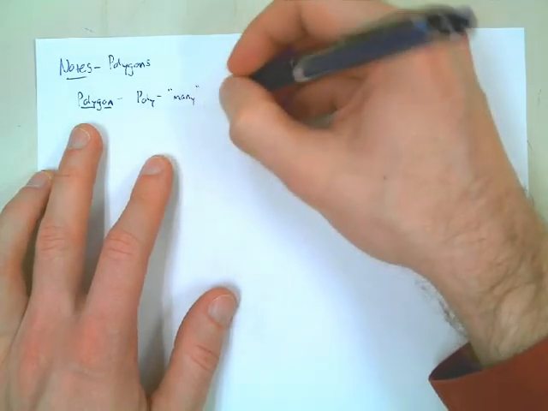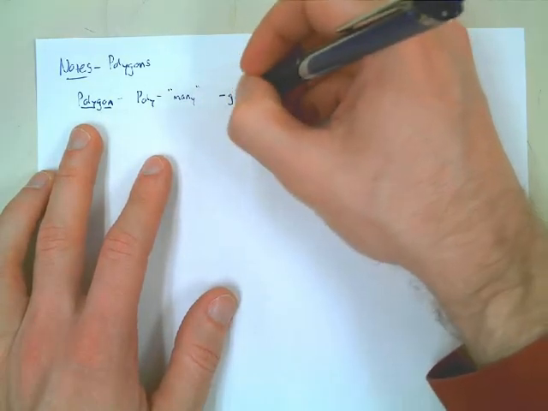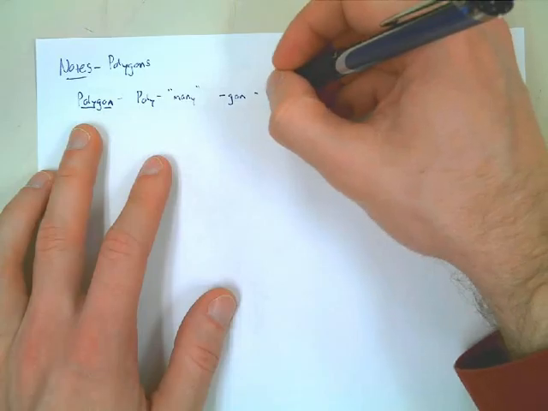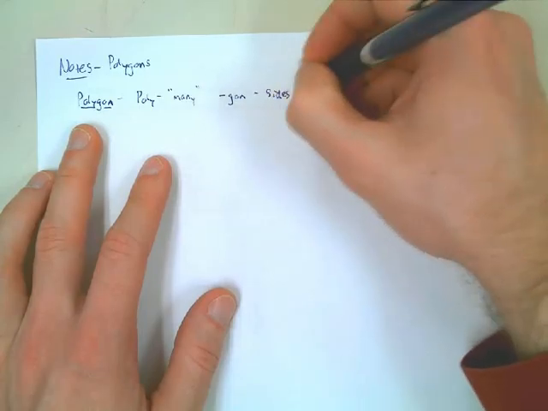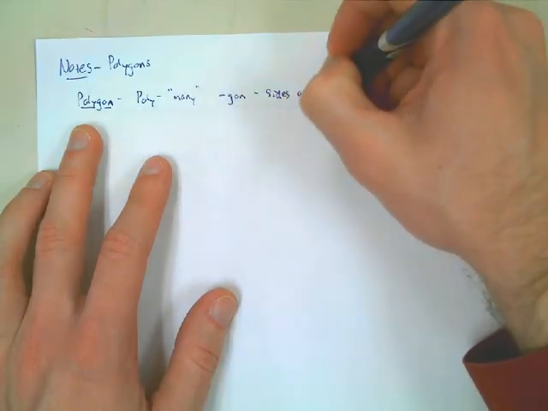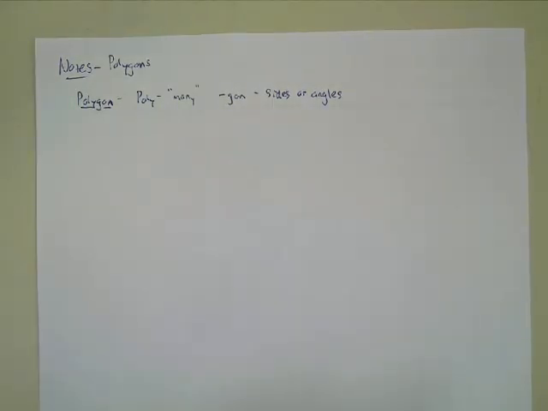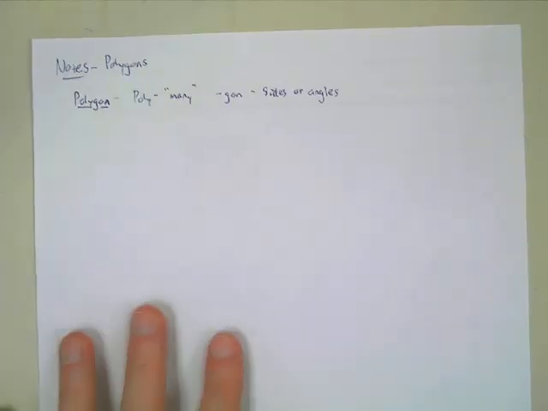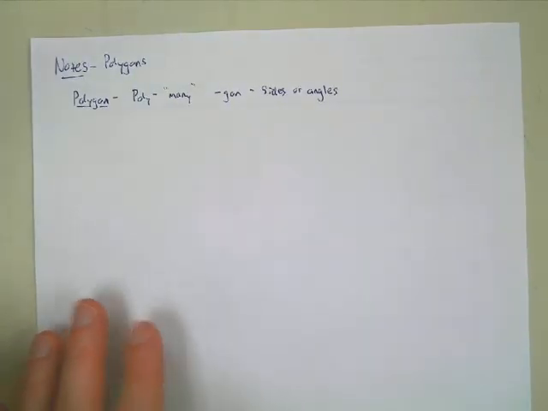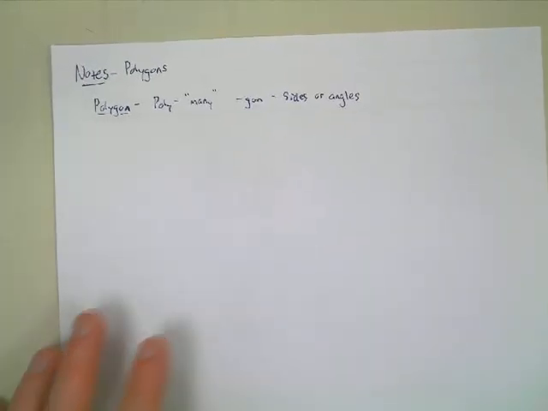And then the gon can mean something like sides or angles. This one term can mean two different things there, so many angles or many sides, depending on the interpretation. So a polygon is just a shape that has many sides or many angles.